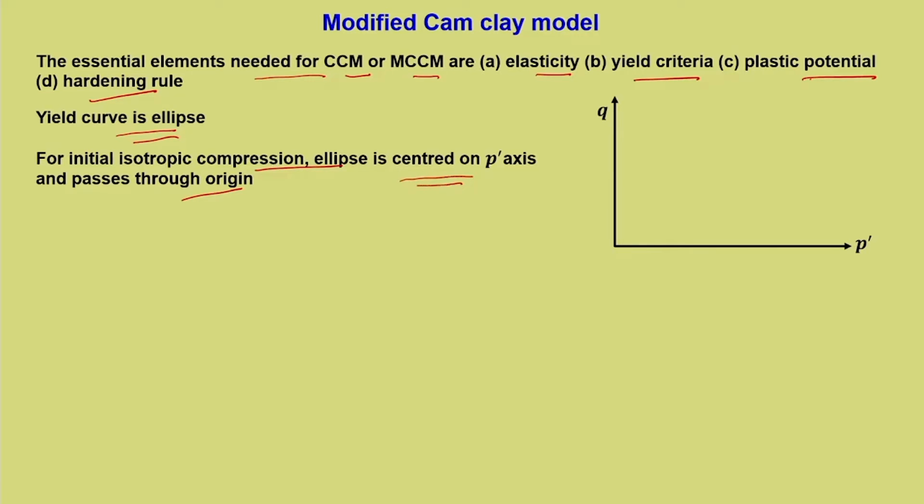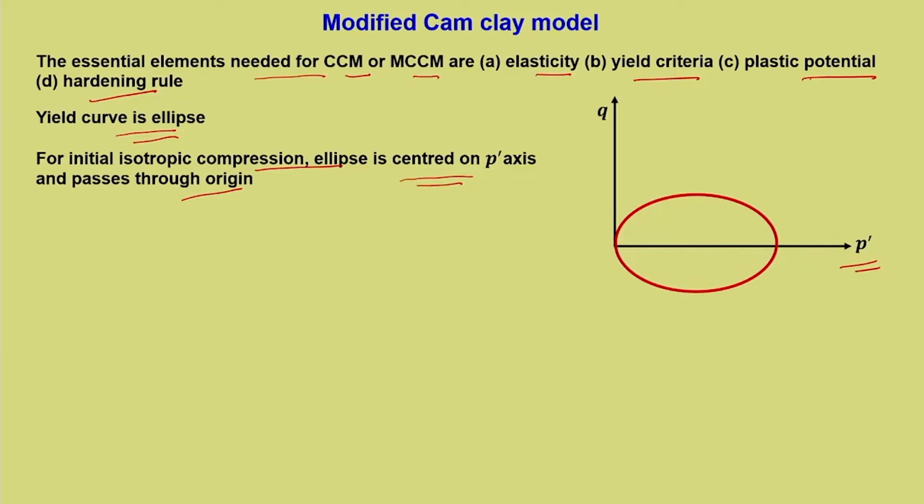So, the center of the ellipse is on the p' axis and it passes through the origin, one side of the ellipse passes through the origin. Let us see how. So, this is how we define the ellipse. You can see that the center is on the p' axis and it passes through the origin. So, this is an elliptical yield curve in MCCM.